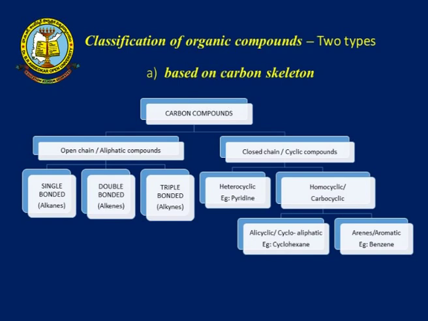Such compounds are known as alicyclic compounds. The second type is the arenes or aromatic compounds. Here the example is benzene, which is well known to everyone. All the arenes are found to be derivatives of this benzene.